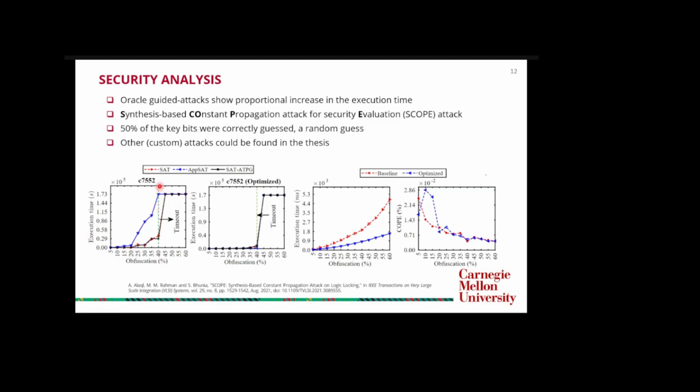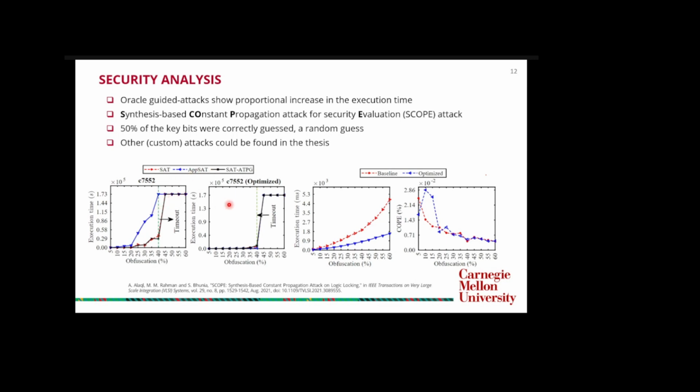So here, this is the green line at 40% obfuscation level. At that point, the SAT attack saturates at the straight line. We call it timeout. It means that the SAT attack cannot find the solution of the circuit. It cannot break the circuit. This is the case for all three SAT attacks.